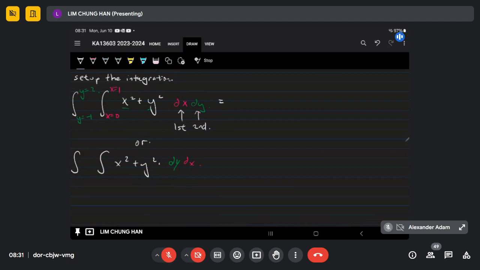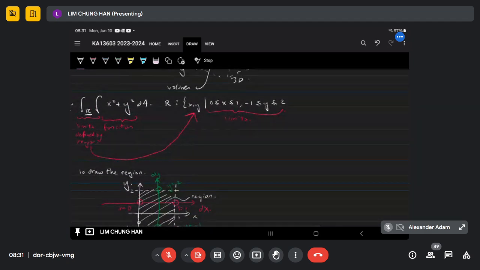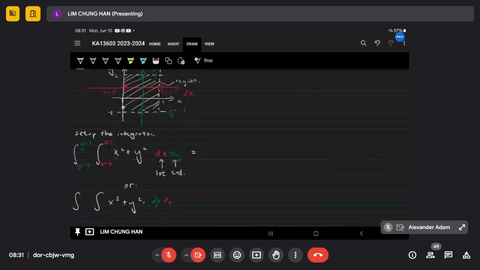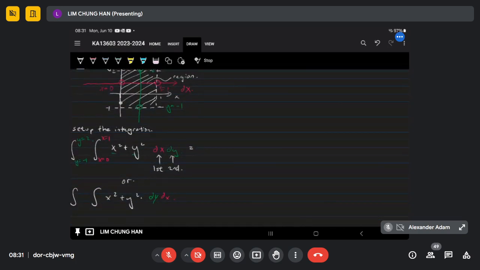So integrate against x first. How do you integrate? I can't remember, I only know how to do differentiation for now. Integrate against x first, that means you integrate x. So x squared.